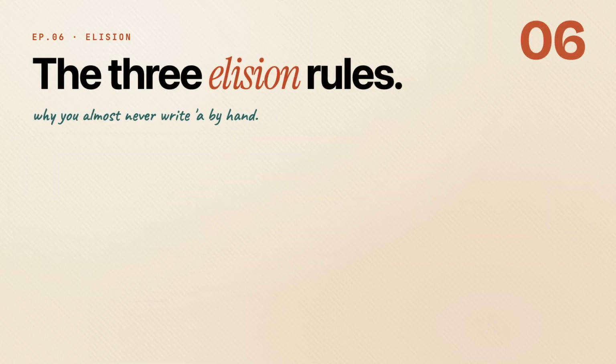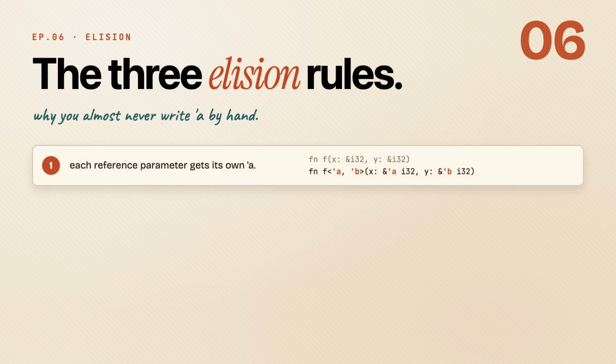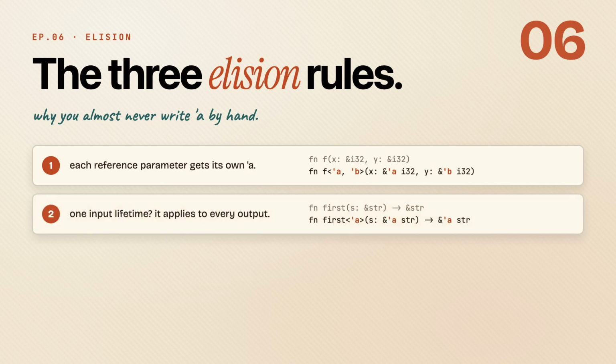Here's the relief part. Most of the time you don't write the tick at all. The compiler follows three rules. One: every reference parameter gets its own name automatically. Two: if there's exactly one input reference, its name flows to every output.